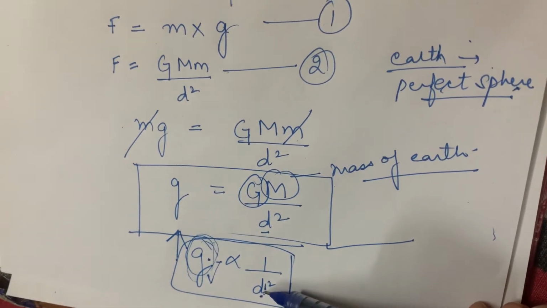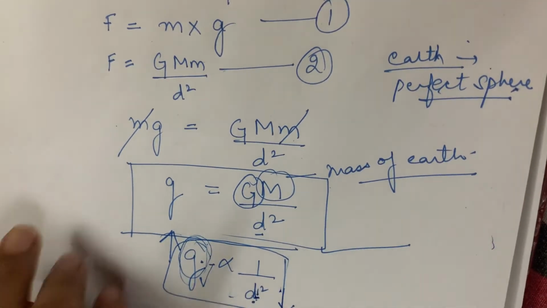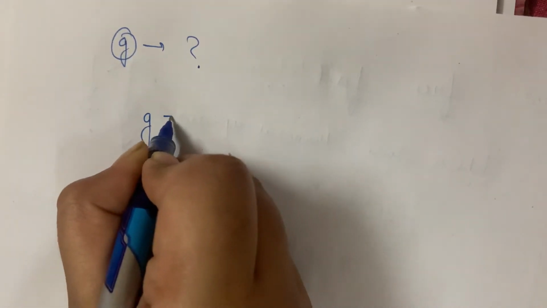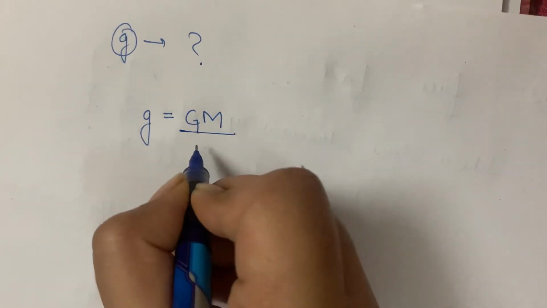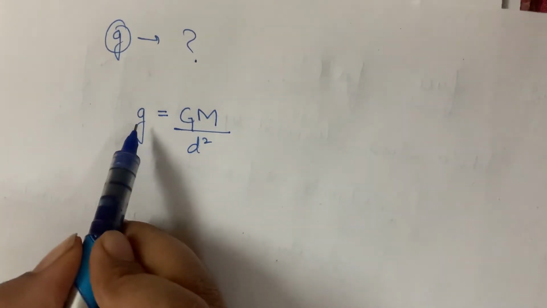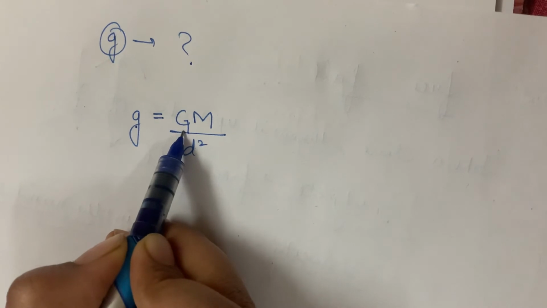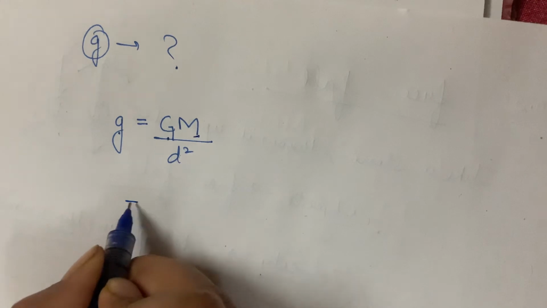Always remember, for most of the calculations, what value of g we take. Let us evaluate this value of g. The formula of g is small g equals capital G M upon d square. Small g is acceleration due to gravity, capital G is the gravitational constant, and M is the mass of Earth. Now let us substitute the values.